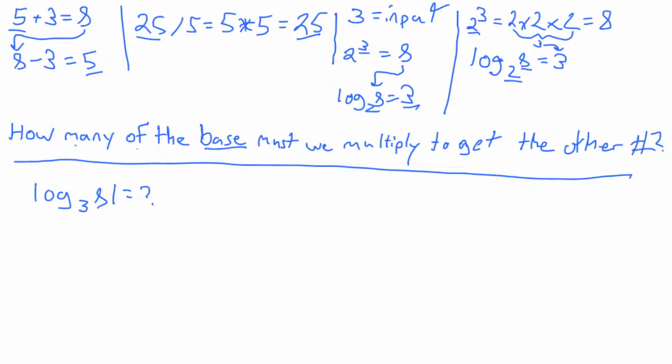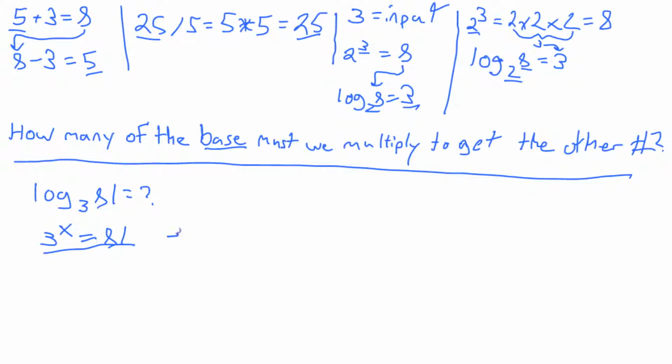You could also think of this sentence mathematically, which might help some of you, as 3 raised to what power equals 81. So log base 3 of 81 is the same thing as trying to figure out what x is in this statement. So 3 raised to what power is equal to 81?